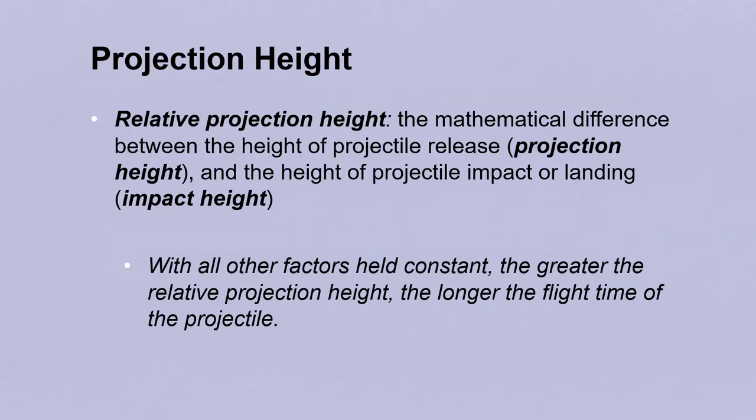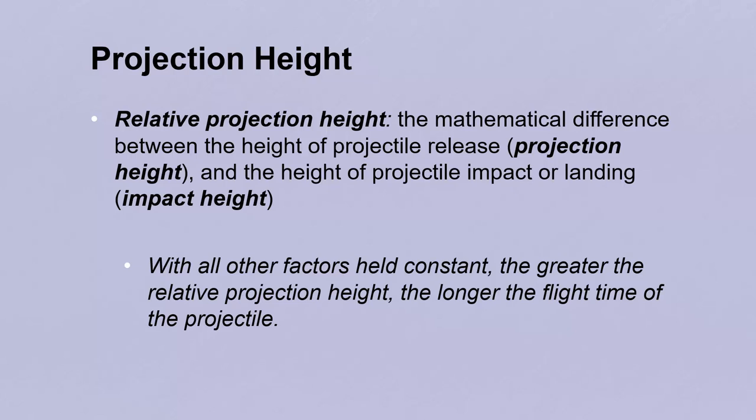The third and final factor that influences a projectile's trajectory is projection height. It's essentially the height at which the ball or implement is released. If all other factors such as projection angle and velocity are held constant, the greater the relative projection height is, the longer the flight time is.